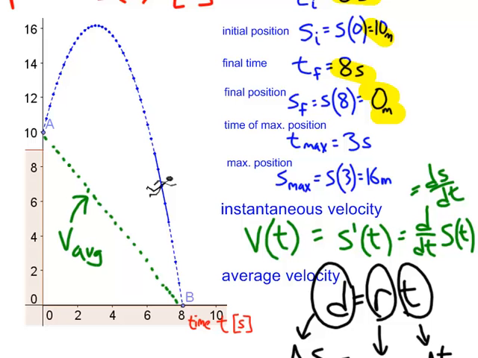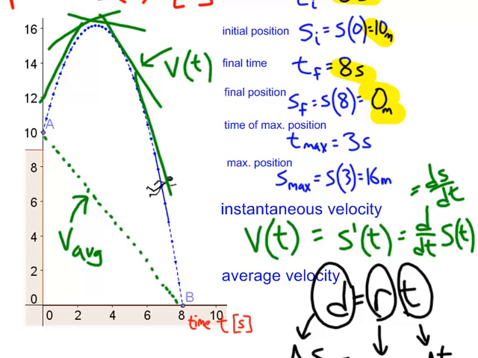So v average would be the slope of that, whereas any of these instantaneous velocities are given by the instantaneous v of t. Okay, so I hope that was a helpful instantaneous review of these concepts.